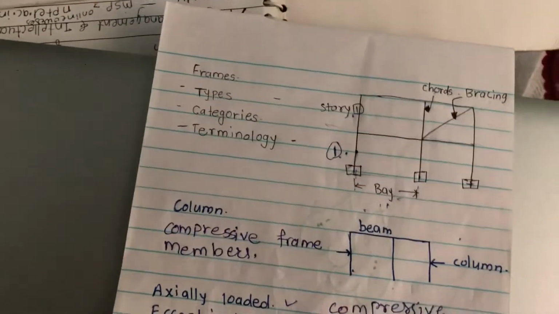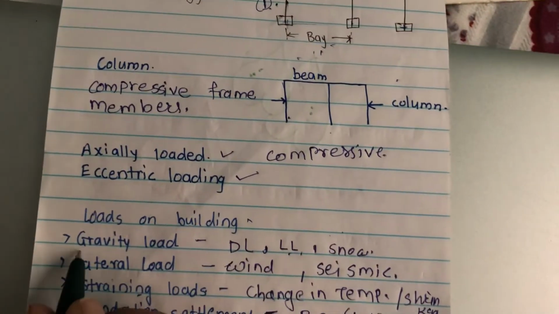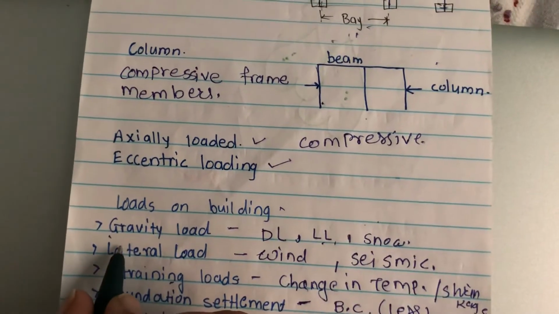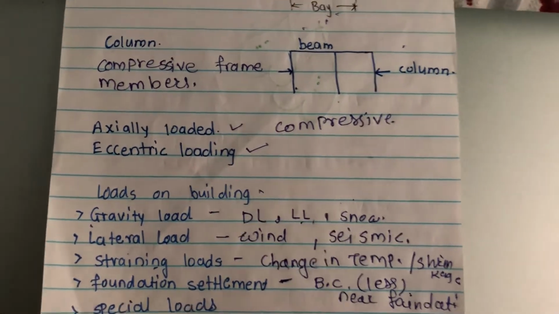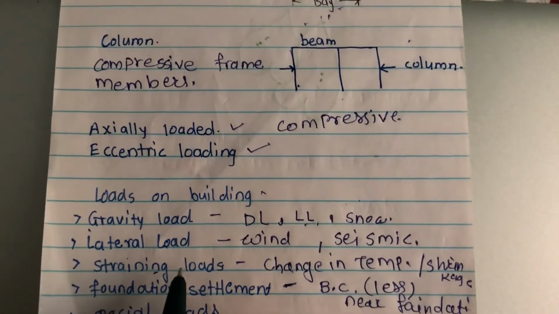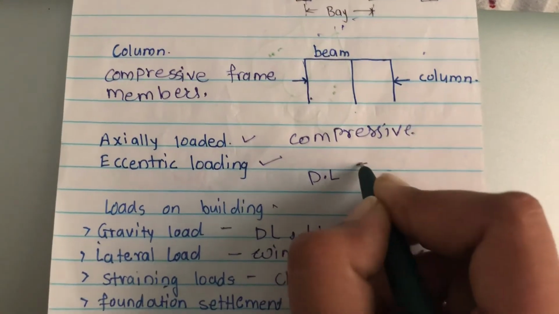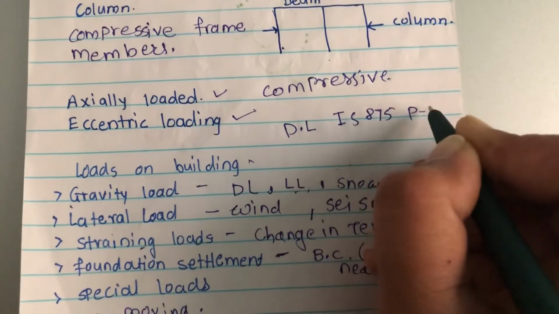So the IS codes for loads. The first one is dead load. For dead load, IS 875 Part 1 is considered.